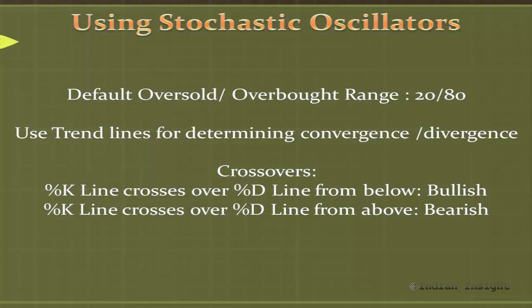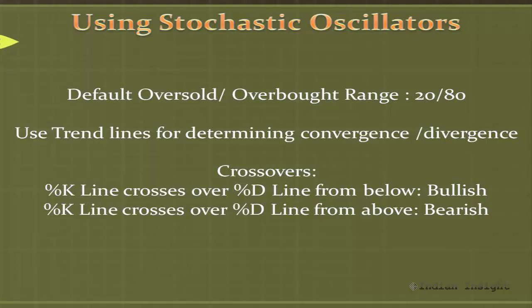Like in the case of RSI, the stochastic oscillator should be used with other technical tools like trend lines. If other methods like trend lines suggest the same conclusion as the indicator, then you have convergence or confirmation. But if they give conflicting signals, you have a divergence which you should regard as a warning signal.